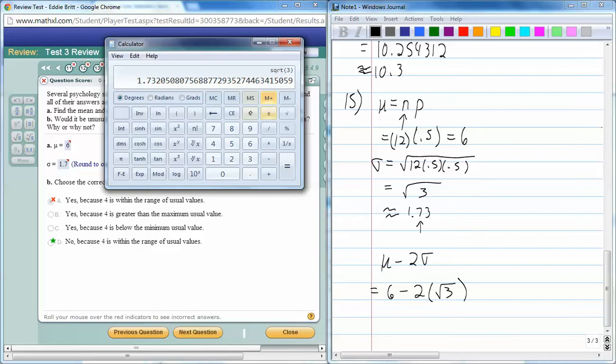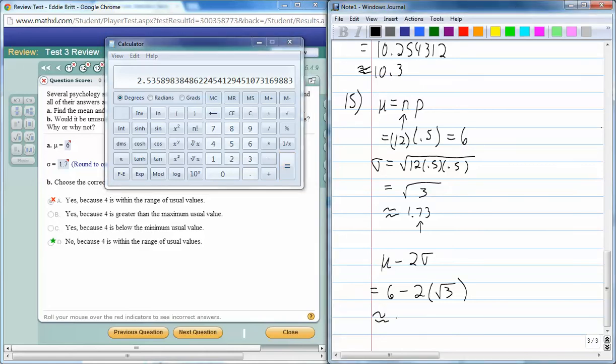So, let's see. 6 minus 2 times square root of 3 equals. Alright, and I got 2.53589. I'm going to round that to one place, just 2.5. So it's about 2.5. So that would be our minimum usual value.